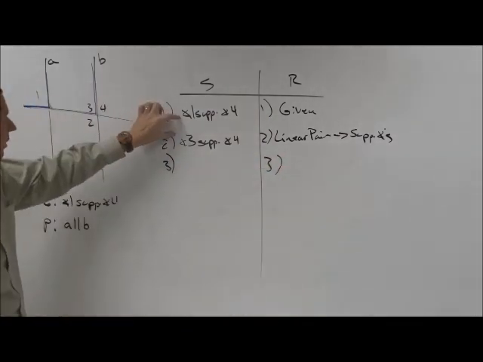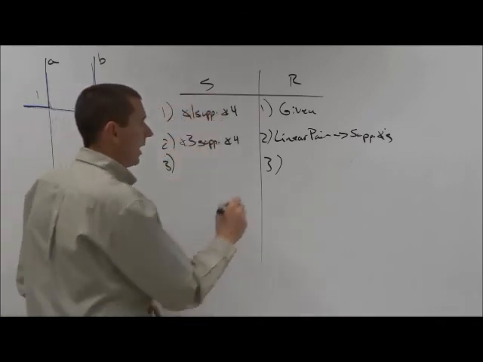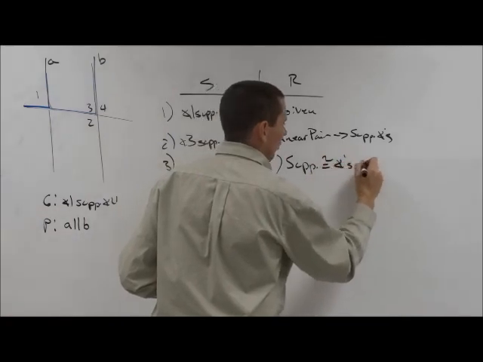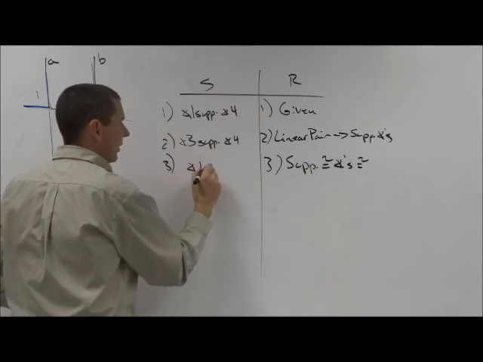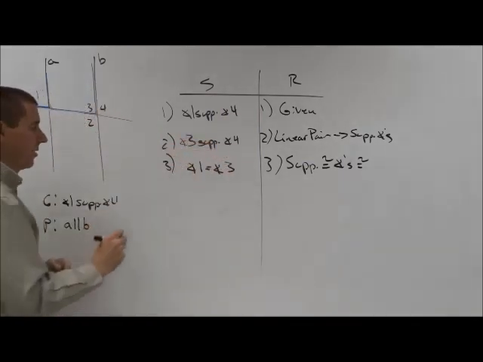Now I have two angles that are supplements of the same angle. So I can use that supplements of congruent angles are congruent: if I have two angles that are supplements of the same angle, they have to be equal to each other. Angle 1 equals angle 3 by that theorem.